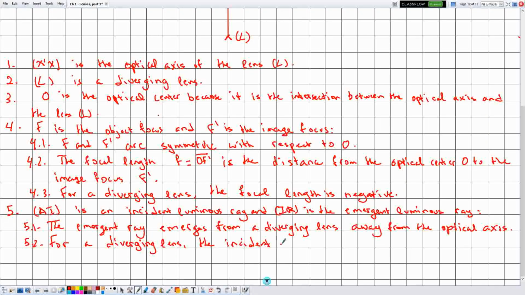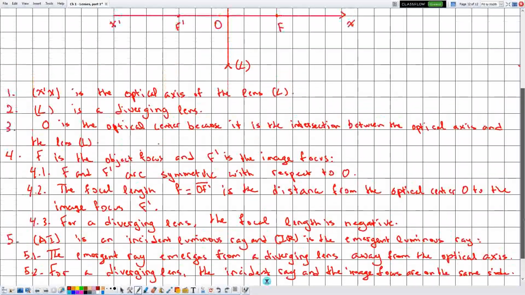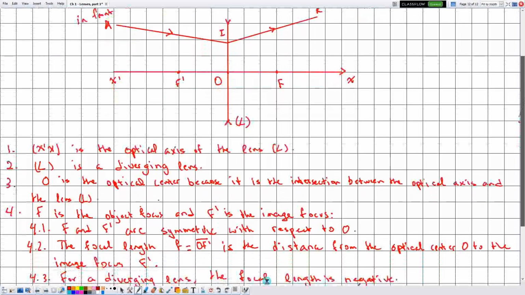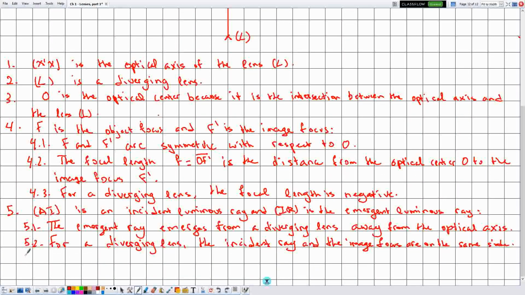And we call this side to be in front of the lens. Then anything that's found here is said to be in front of the lens, and we call this side to be behind the lens. Then behind the lens we have that the emergent ray and the object focus are on the same side, and this is the final property in this section for a diverging lens.